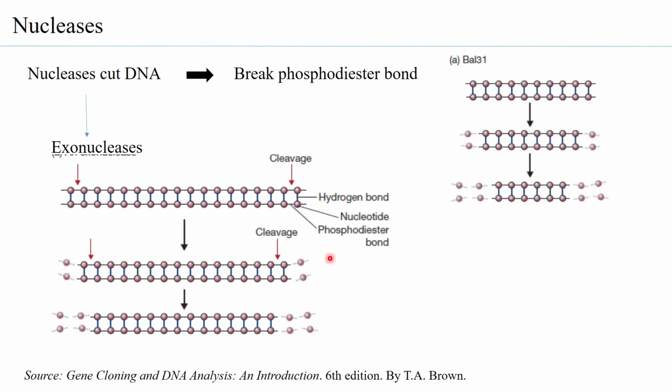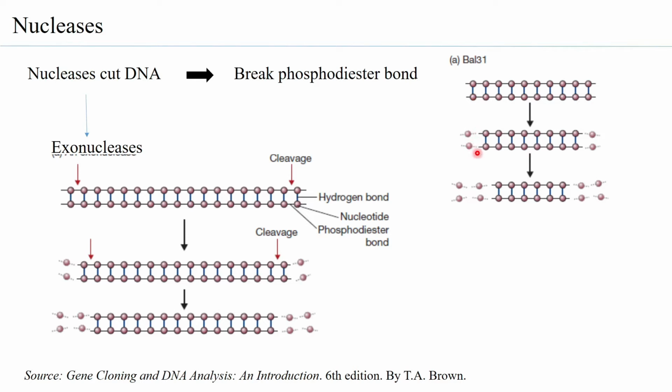Now, there are several different types of exonucleases that are used in recombinant DNA technology or in gene cloning. Just to understand that exonucleases also may have a little different way of functioning from one another. So here is an example of BAL31 that has been isolated from a bacteria. And BAL31 is able to cut the double-stranded DNA from both ends such that it cuts both the DNA strands.